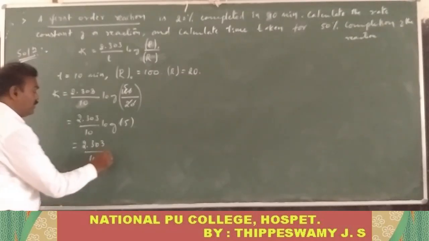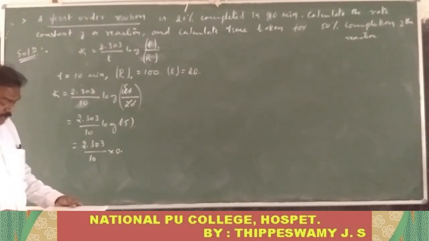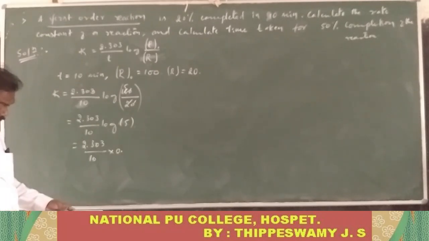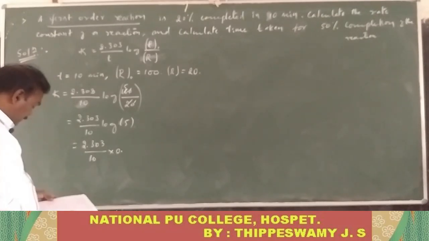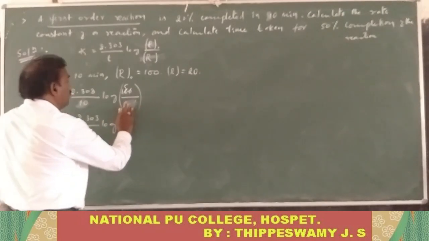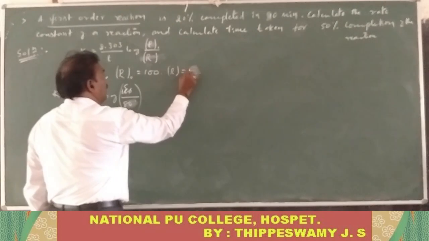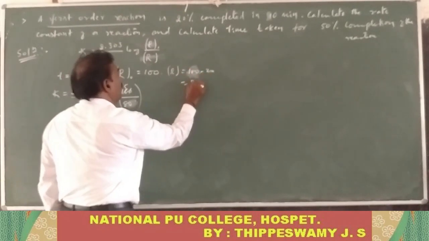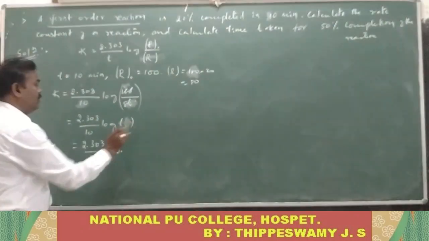What is the value of log 5, you know? Logarithm 5 under 0 if you see, then what you are getting, you know? That value you are getting. You don't write like this. It is 80 we have to take because A minus X, that is 100 minus 20, this is equal to 80 only. So now the value will be equal to, what is it, you know?